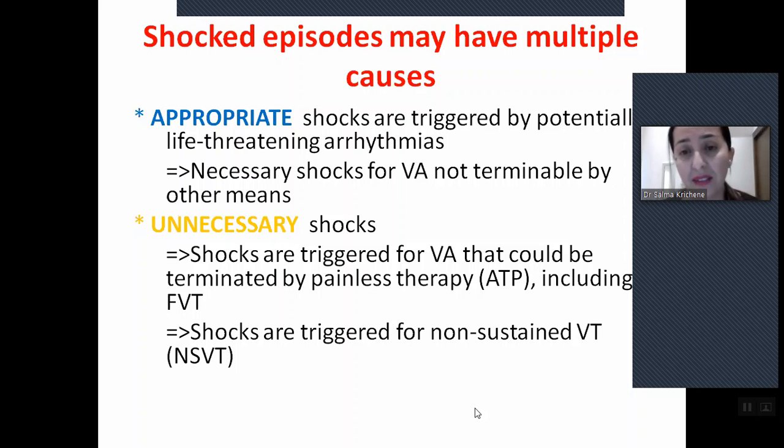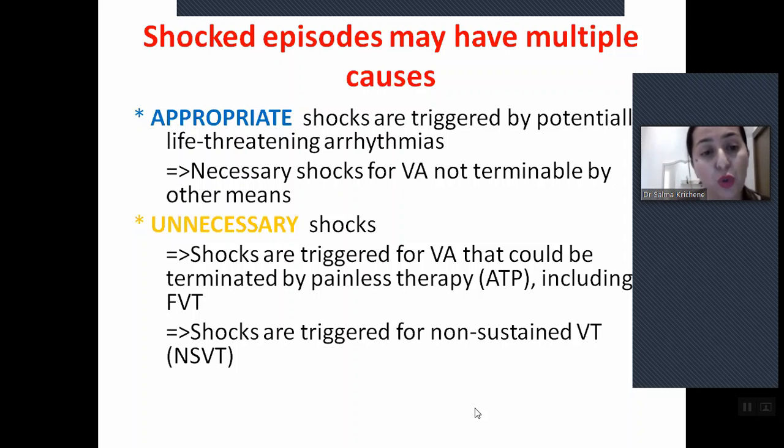You can understand this type of shock cannot be avoided by programming because ventricular arrhythmia is not terminable by other means. Unnecessary shocks are appropriate shocks, but we can avoid them by programming in the future.